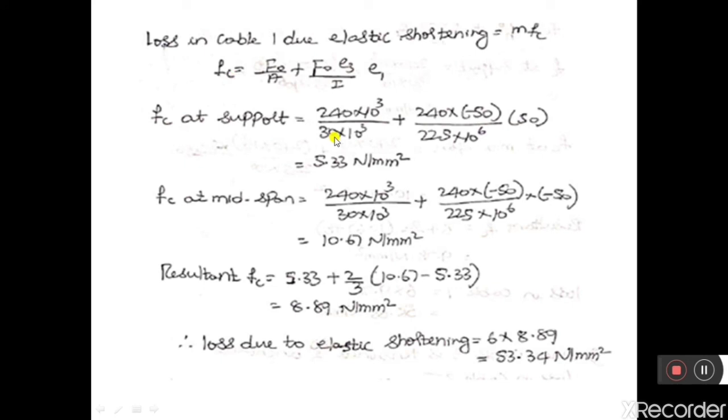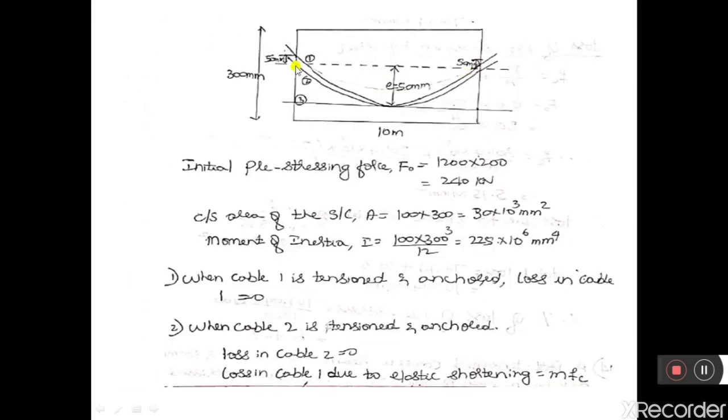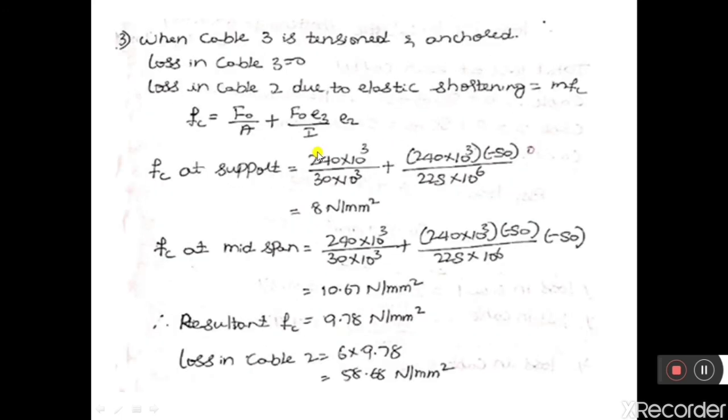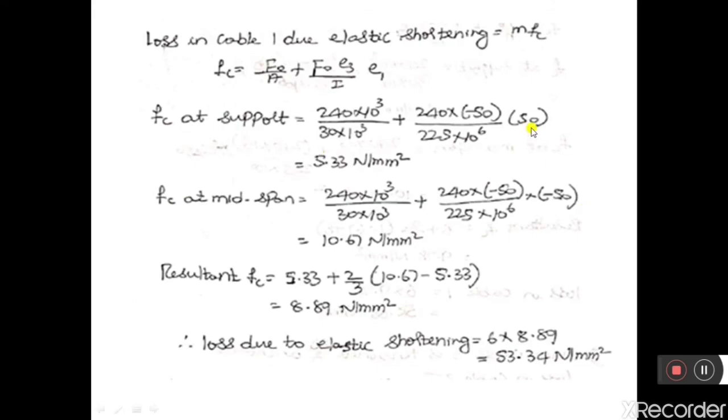So substitute the values of F naught by A, F naught by I, and e3, eccentricity of cable 3 at the support is minus 50, e1, eccentricity of cable 1 at the support is plus 50. It is above the centroidal axis and so it is plus 50. Therefore, Fc, compressive stresses in the concrete due to eccentricities at the support, is equal to 5.33 Newton per mm square.